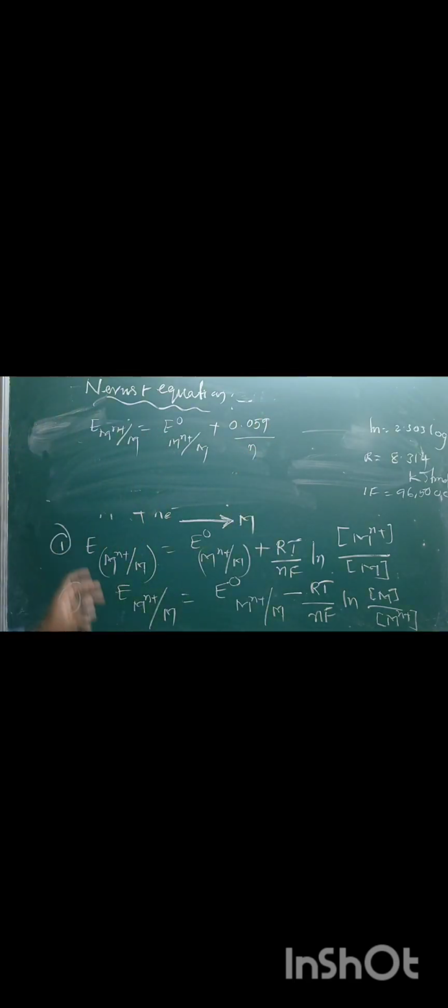We get the electrode potential of M n plus by M is equal to standard electrode potential plus 0.59 by n log of concentration of metal ion by concentration of metal. I hope it is clear.